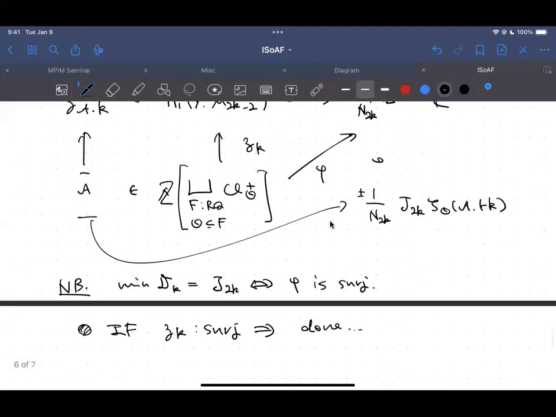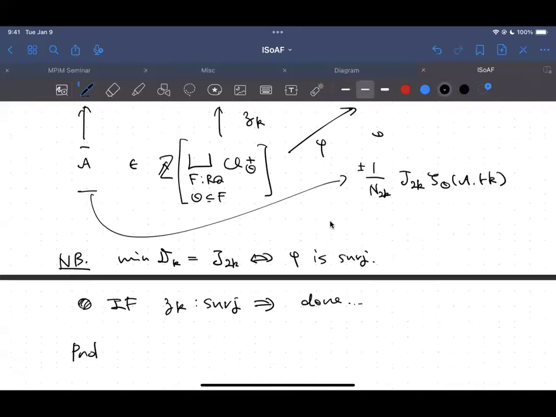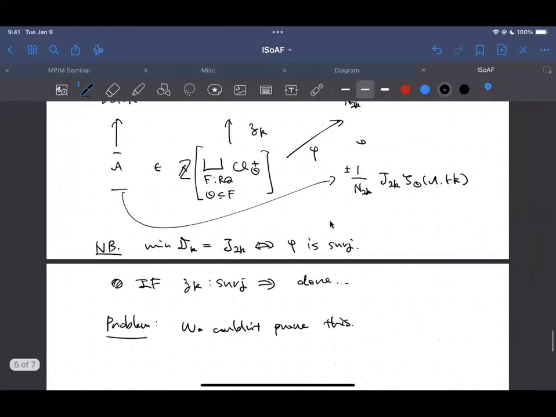However, it seems that this is not true in general. Well, at least we couldn't prove the surjectivity of this zk. So we have to do something instead.